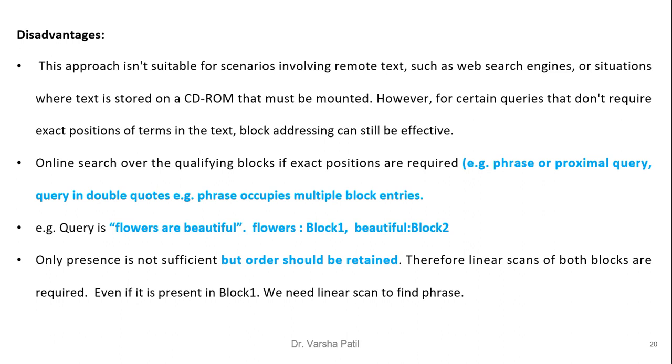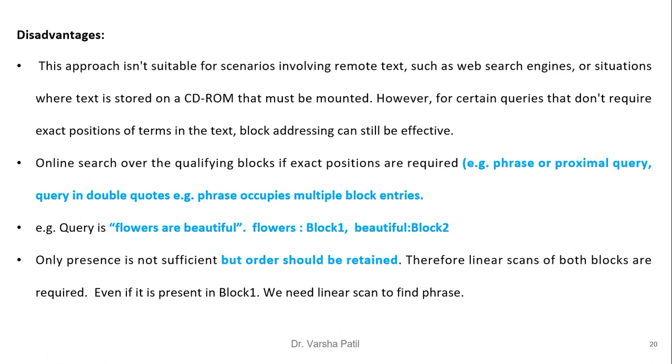Disadvantage of block addressing. This approach is not suitable for scenarios involving remote text such as a web search engine, or a situation where the text is stored on a CD-ROM that must be mounted. However, for certain queries that don't require the exact position of the terms in the text, for example the binary model, block addressing can still be effective, because this way we are just getting the information that this particular keyword is present in the block.